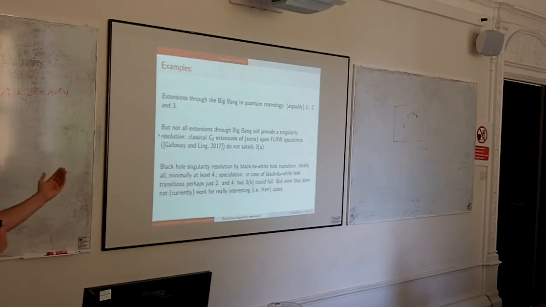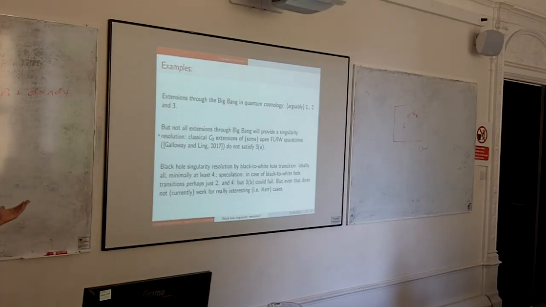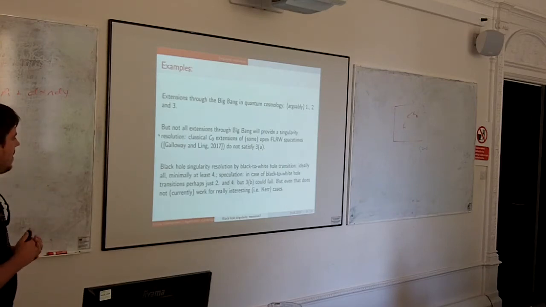And the particular proposal I will be focusing on, which I will be calling black to white hole transition, is an idea some of you may be familiar with if you talk to loop quantum gravity people. Recently, during the last 2 years, they seem to be pretty excited about this sort of stuff.